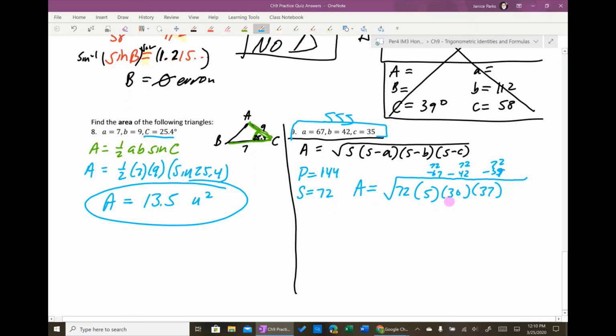So that gives me 37. So if you run that through your calculator all at once, you end up getting 399,600, which is 632.1 units squared.